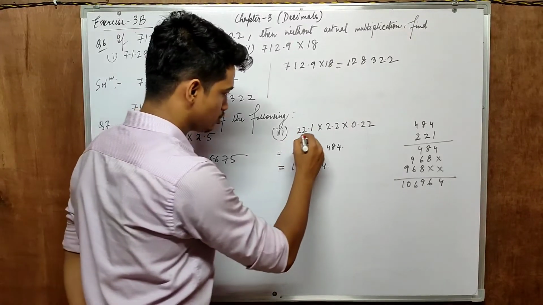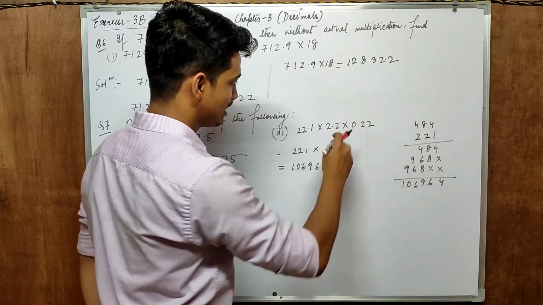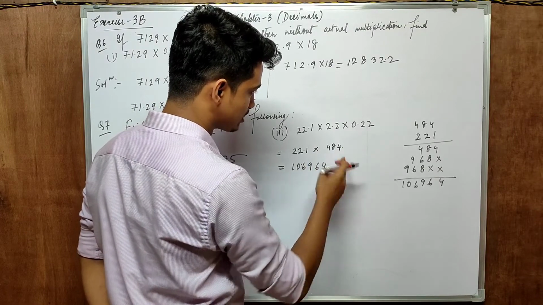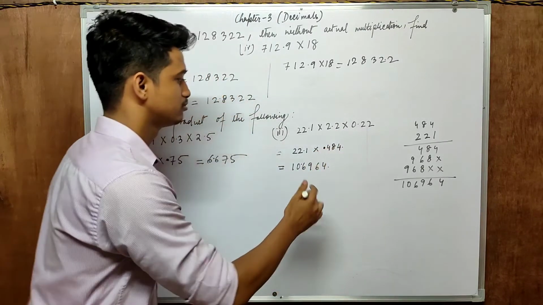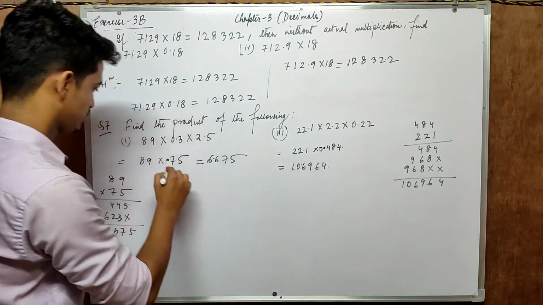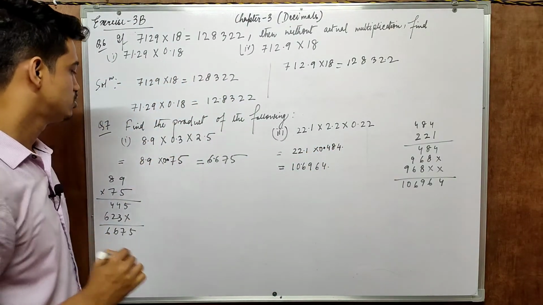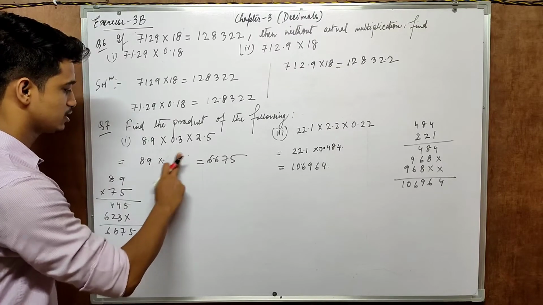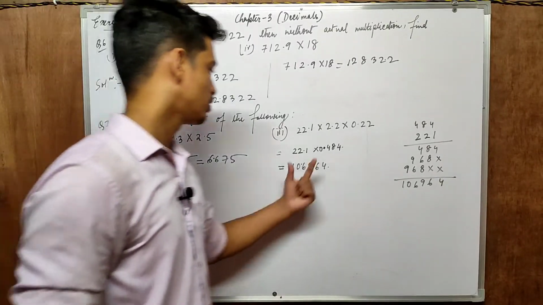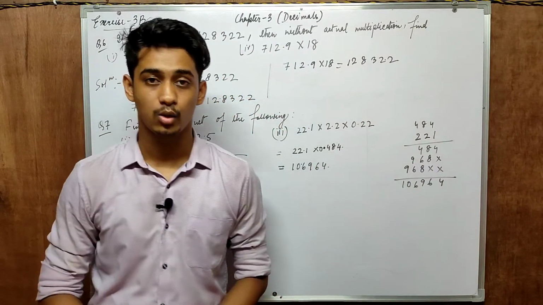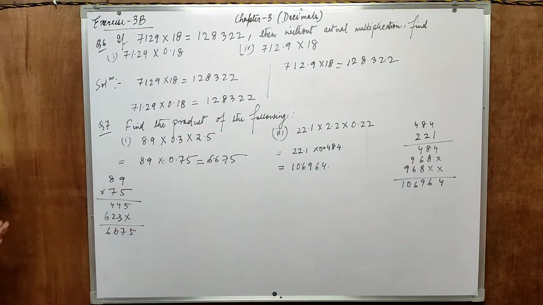In this question, 22.1, then after that, 1, 2, 3 places. So I write it over here: 0.75 and 0.484, and that's it. That is the required answer of these two questions.